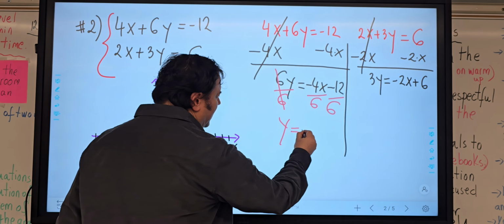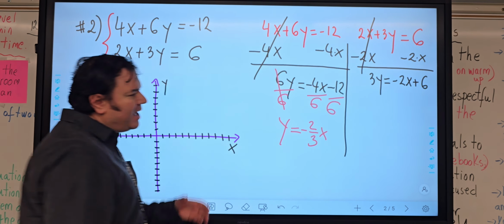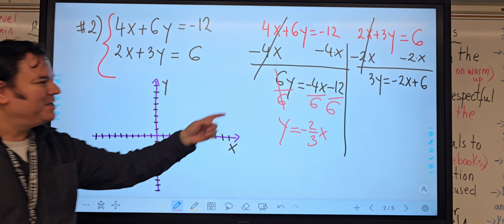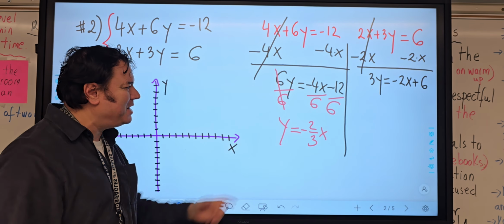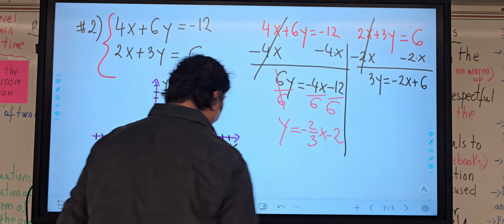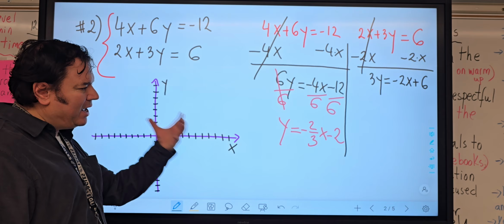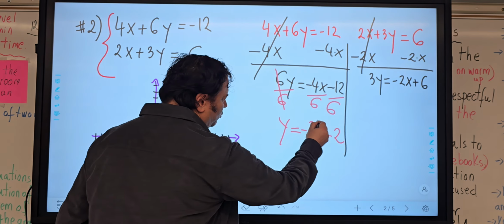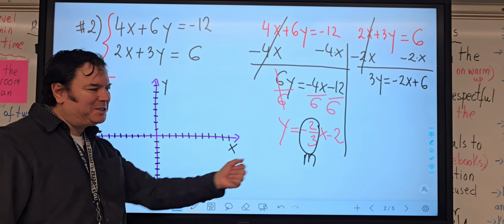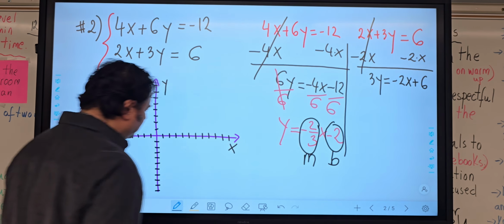So that becomes negative 2 over 3 x. And negative 12 divided by 6 becomes negative 2. A negative divided by a positive becomes a negative, and 12 divided by 6 becomes 2. And now we have the m, which is negative 2 over 3, and we have the y-intercept, which is negative 2. That's our b.